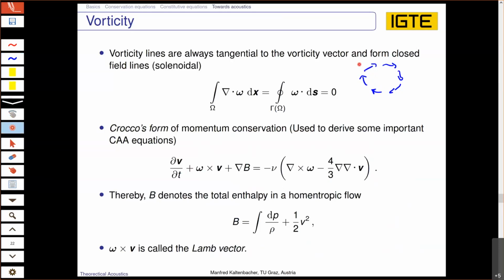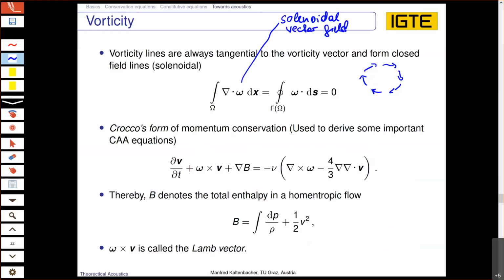If this is the case, and since this is a pure solenoidal vector field, I should write it here. So the vorticity is a solenoidal vector field.